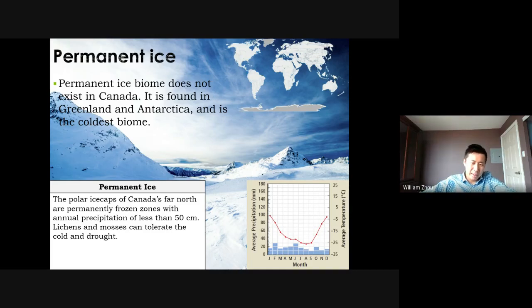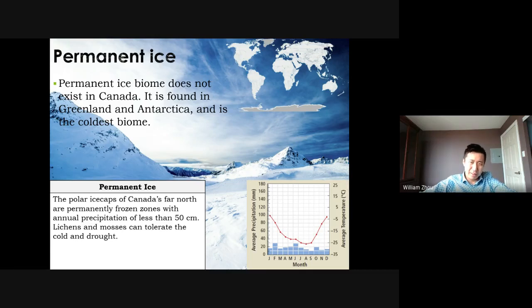And if you look at the climate graph, precipitation is pathetically low, 20-ish. And check out the temperature. It is freezing every single day. You don't go above 0, and the coldest temperature hits around July and August, minus 25 degrees-ish on average.